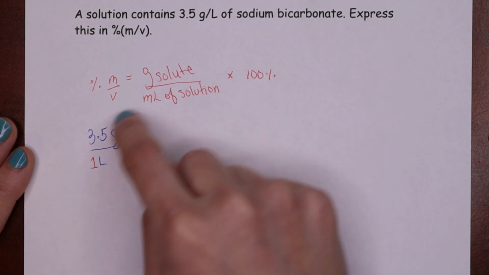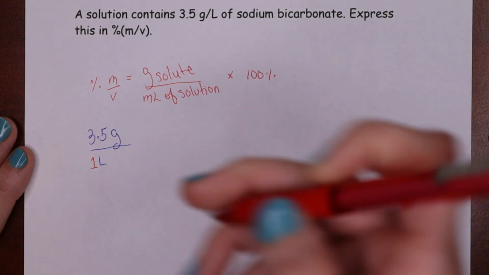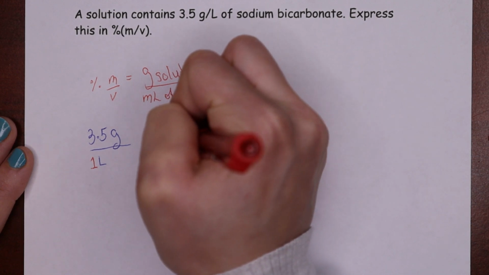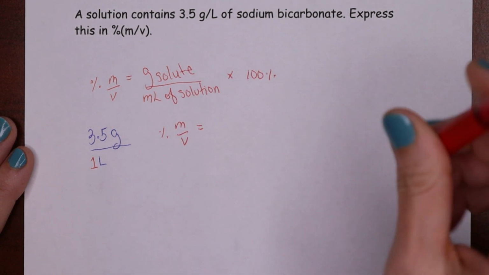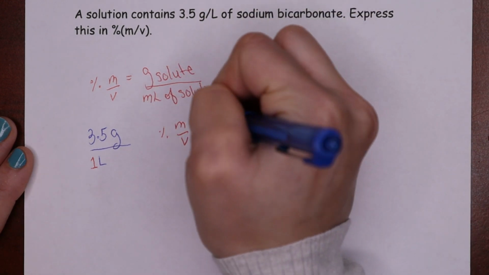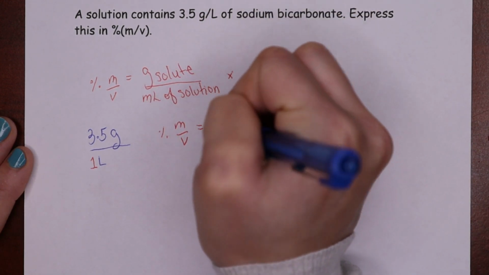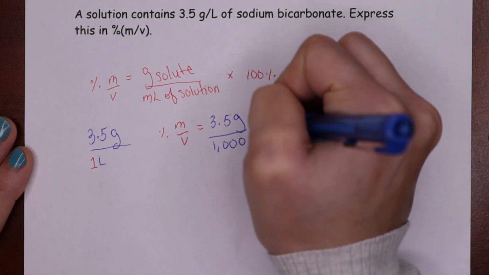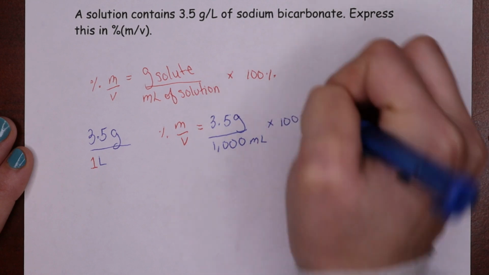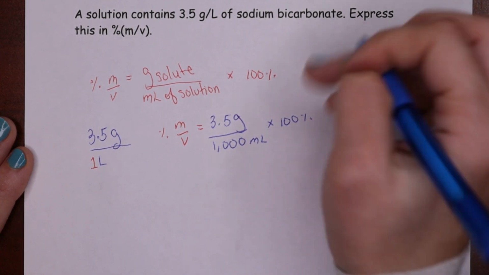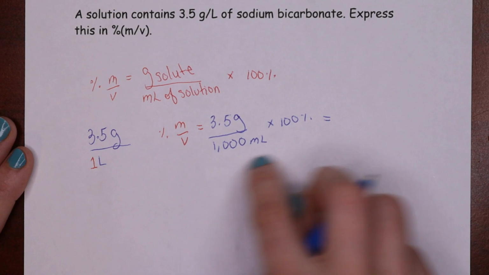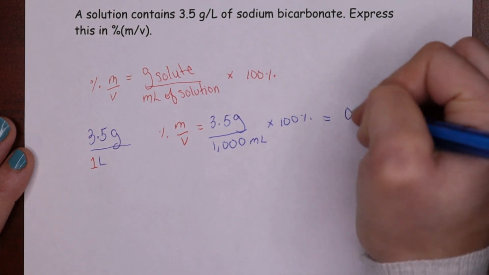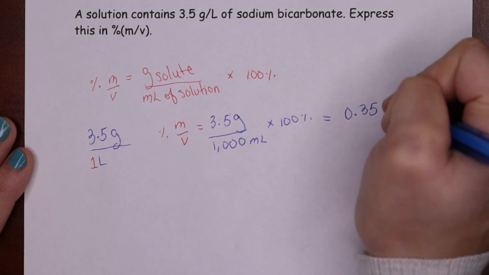So let's just go ahead and plug everything that we know into the equation. 3.5 grams over 1,000 milliliters of solution times 100%, very important not to forget the 100%, equals, you're going to go ahead and plug everything into your calculator, and your final answer is going to be 0.35%.